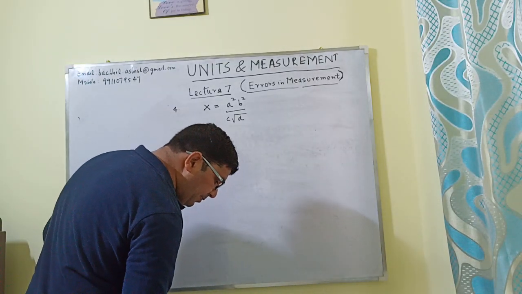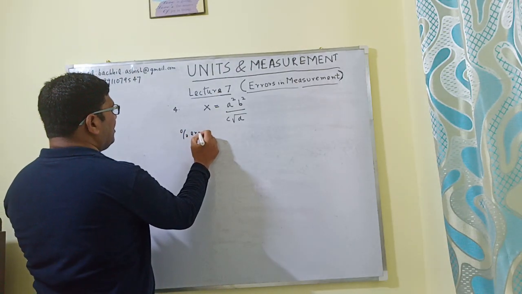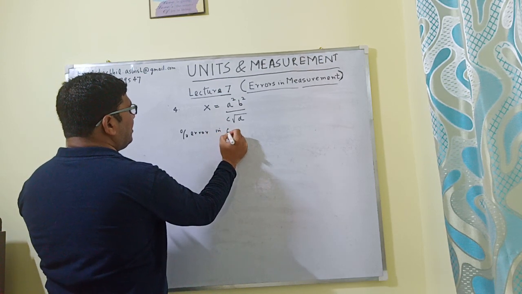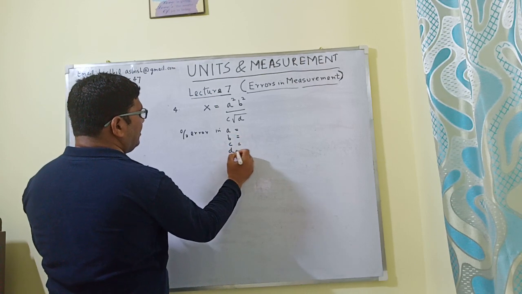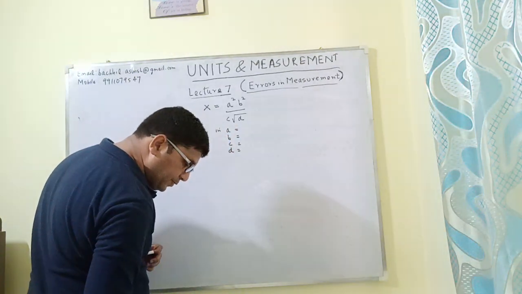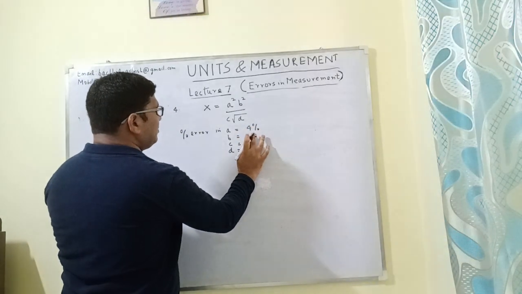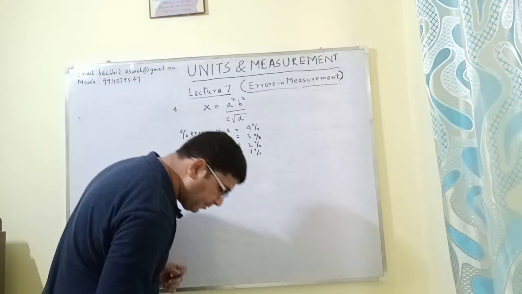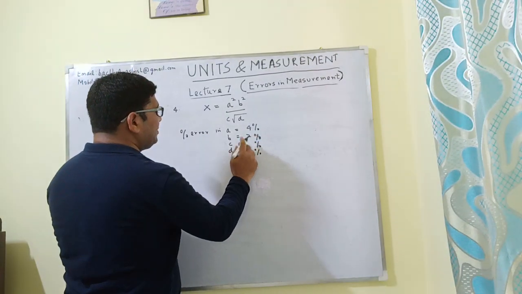The percentage error in the measurement of A, B, C and D is 4, 2, 3, 1. Yes, this is 4%, this is 2%, this is 3% and this is 1%.